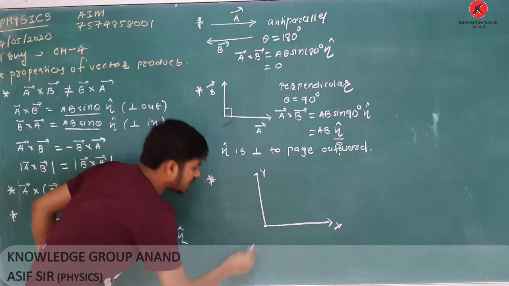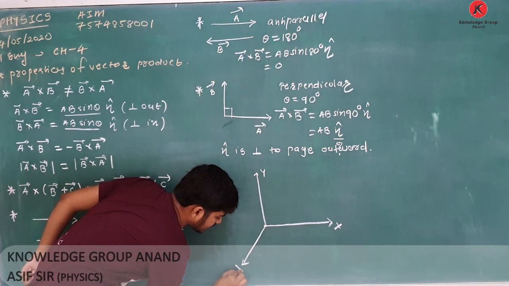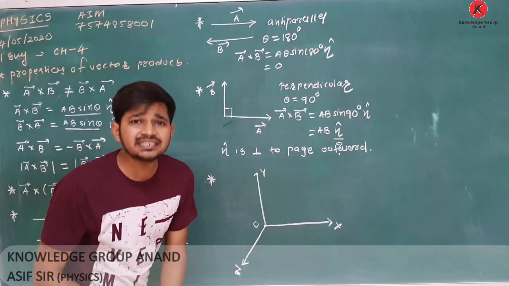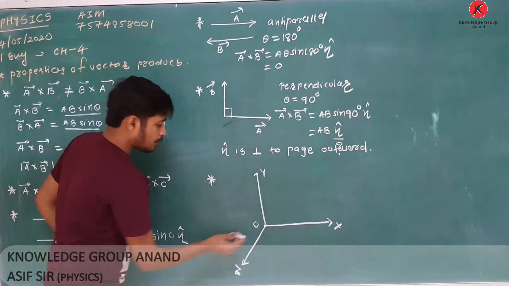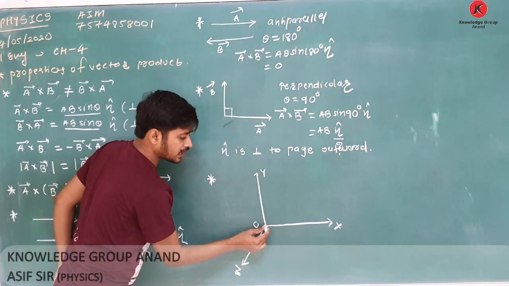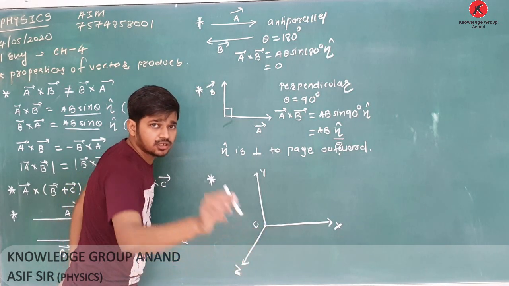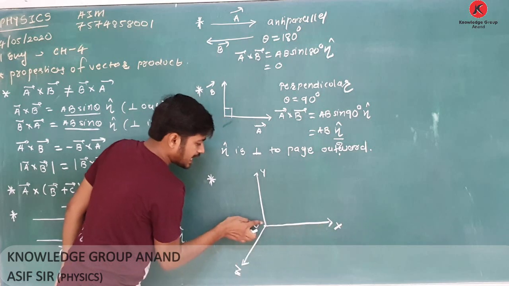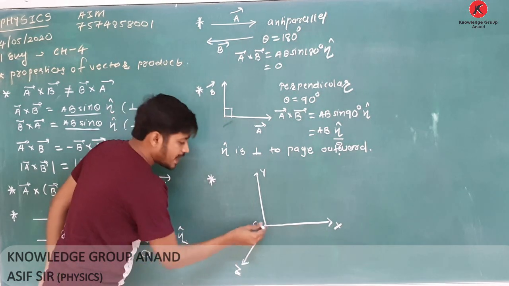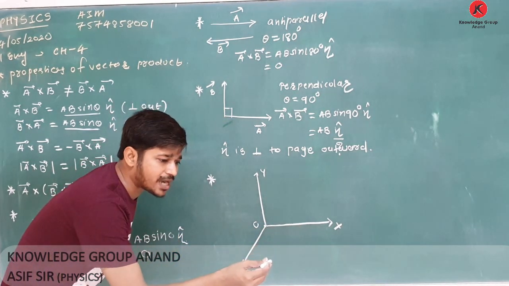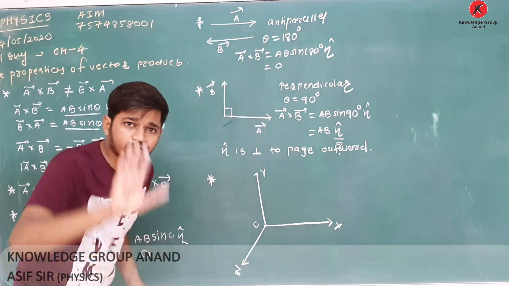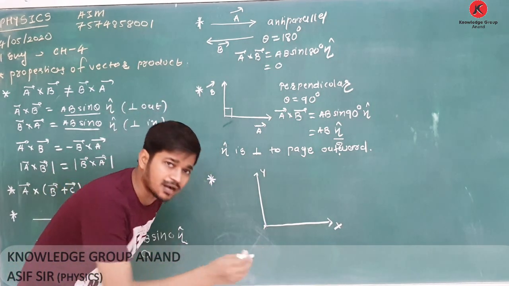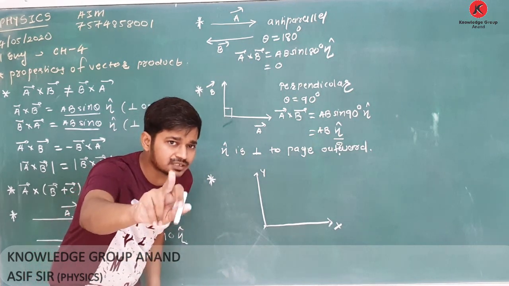On a page we draw the z-axis like this, with the origin here. But actually the z-axis is perpendicular to the board, coming outside in this direction. If this is the x-axis and this is the y-axis, then the z-axis is perpendicular to the board, coming outside. So remember this point.